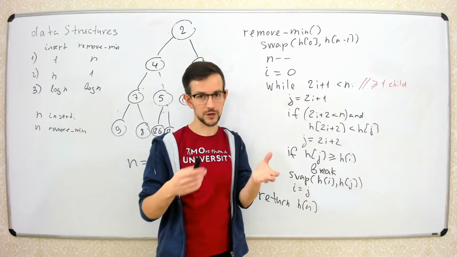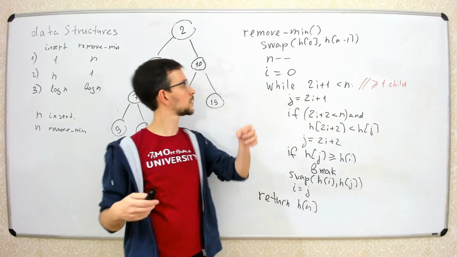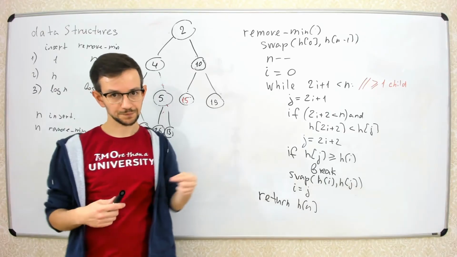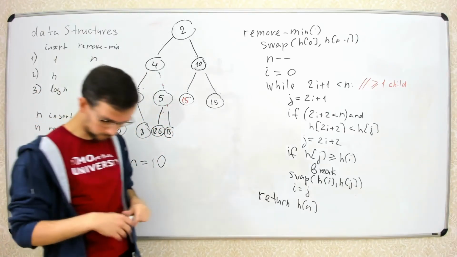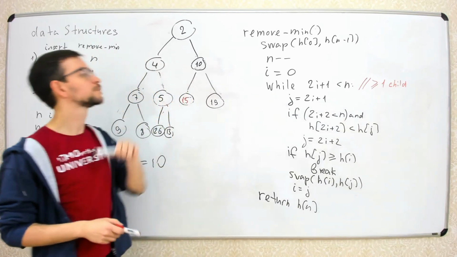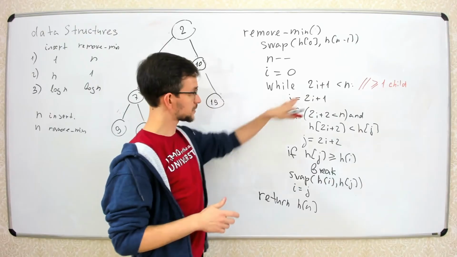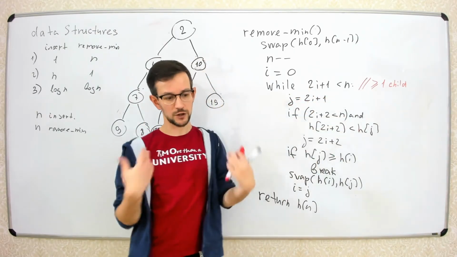If we don't have any children, then all properties are satisfied, because the property is only broken when we have element i and its children. Yes, it is the index of the left child. If the left child index is less than n, it means the left child exists.